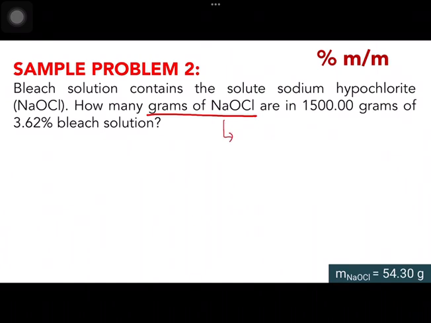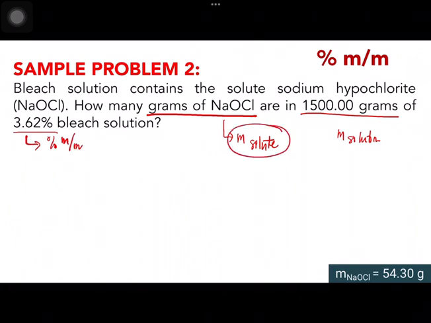So, this is our mass of your solute. Ito 1,500 grams, that is the mass of your solution. And the 3.62 here is the percent by mass. So, ang hanapin natin ay mass of solute.